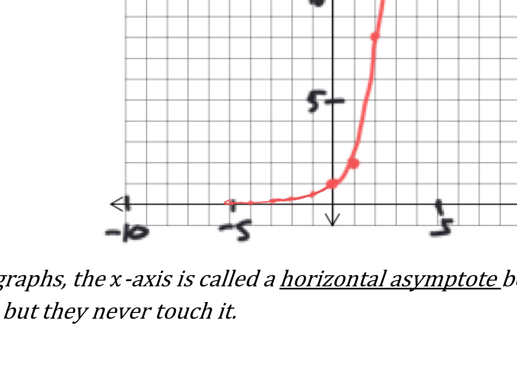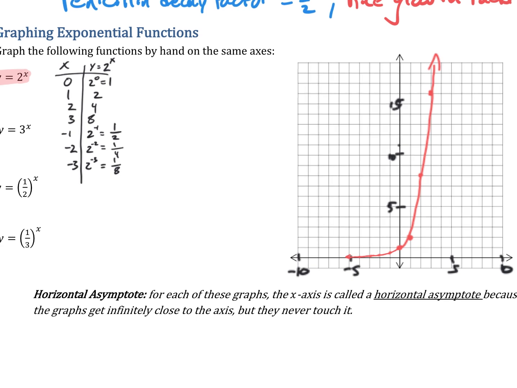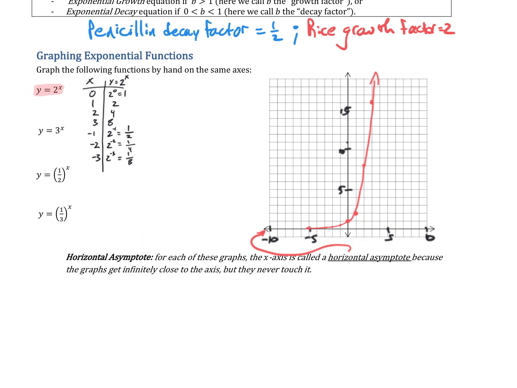This line that it never touches, but it gets really close to. So the horizontal asymptote is the x-axis in this case, and it's a line that the graph gets infinitely close to, but never touches.